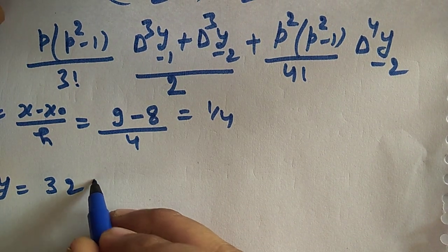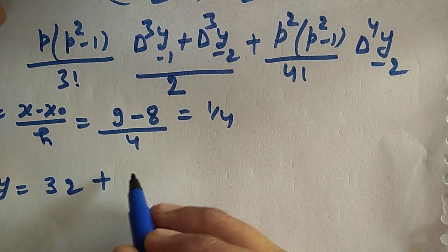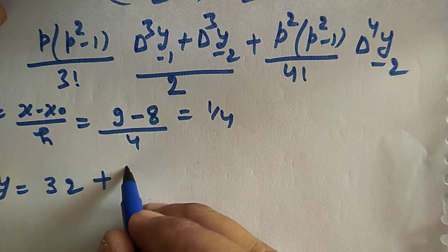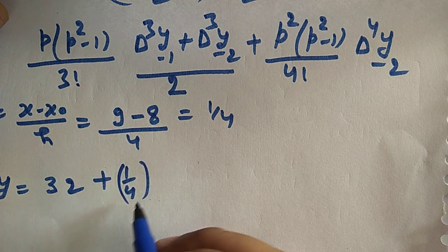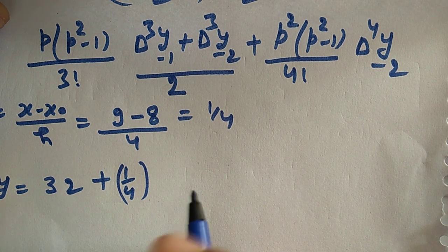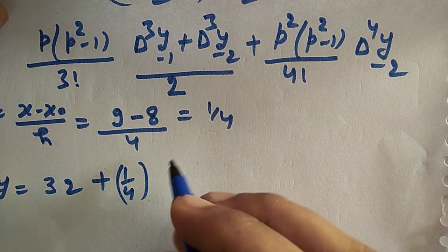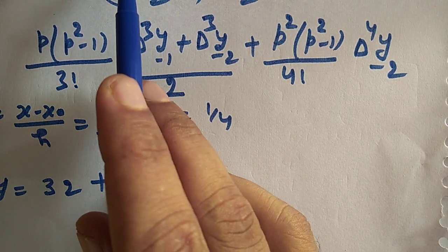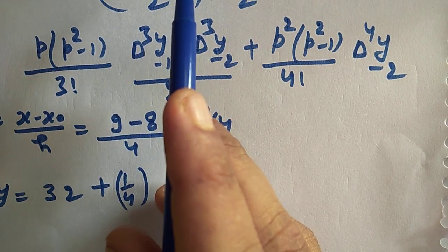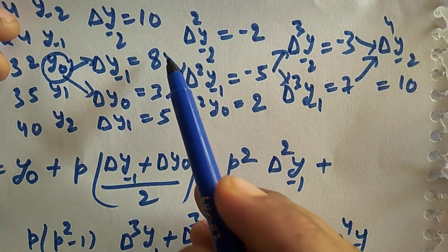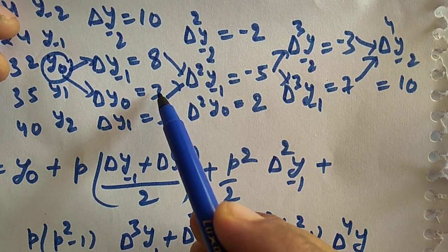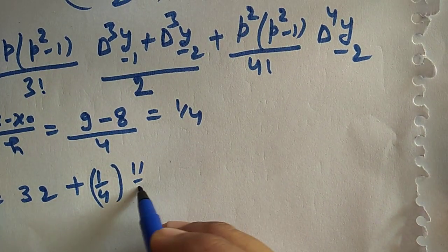Plus p equal to 1 by 4 here, and the average of delta y minus 1 and delta y0. So 8 plus 3, 11 by 2, so here we have 11 by 2.